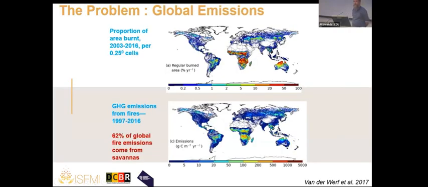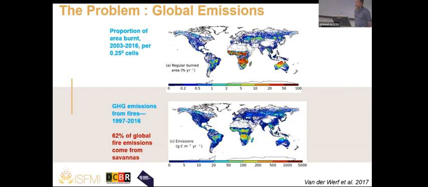A few people might have seen this slide this week. The problem: we have global fire emissions. The top slide is burnt area, and the bottom slide is the emissions. As you can see, through that equatorial belt, particularly in the savannas, there's a lot of emissions, and 62% of global emissions actually come from savannas.